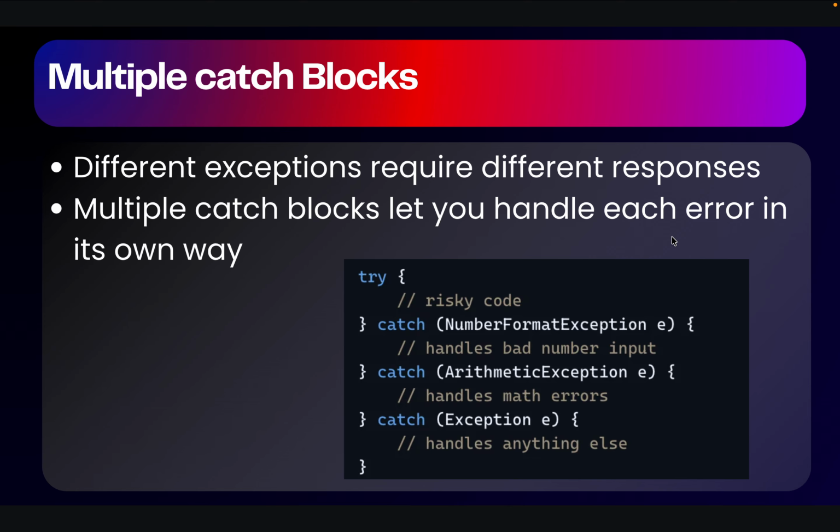Or if this code causes this exception, we'll run this code. Or if it causes this exception, we'll run this code. So basically, it's just giving the user different responses in case they run into any of the exceptions during that code run.